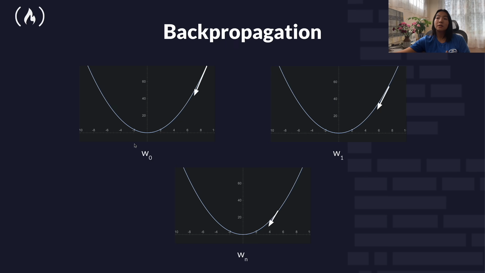This quadratic has different slopes with respect to some value. Okay, so the loss with respect to some weight W0 versus W1 versus Wn, they might all be different, right? So some way that I kind of think about it is, to what extent is this value contributing to our loss?